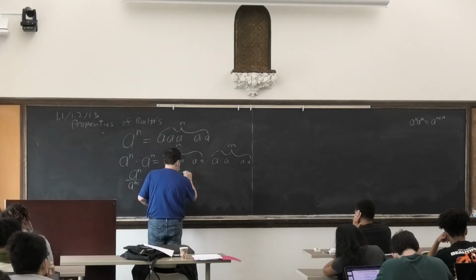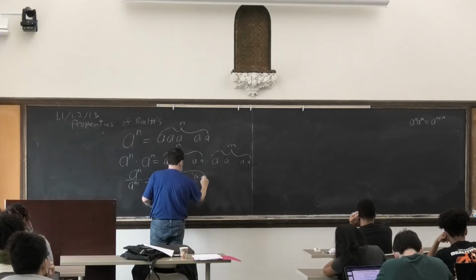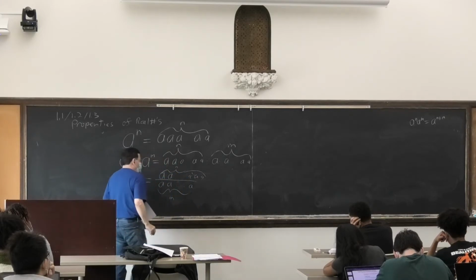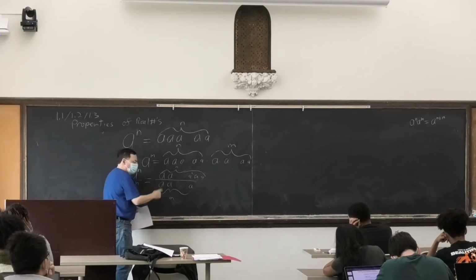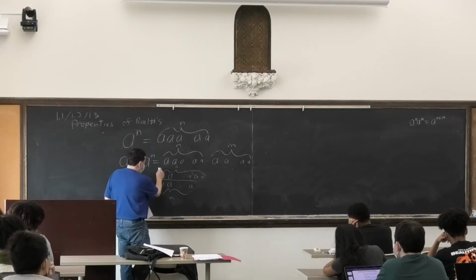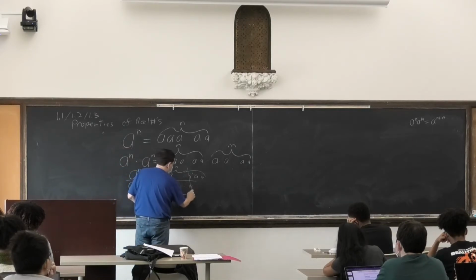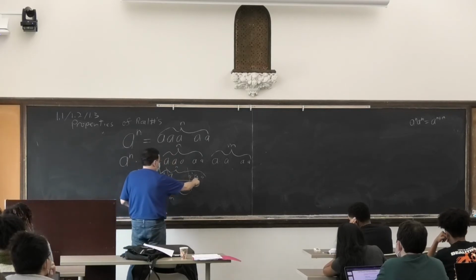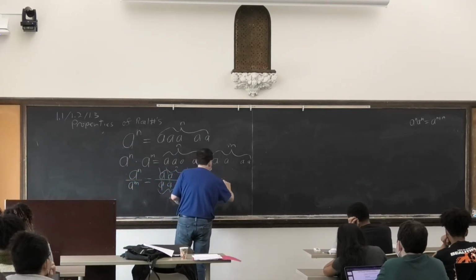Let me draw it this way. You know, a over a is 1, so I can kind of cancel these. And what am I going to be left with? a to the n minus m.